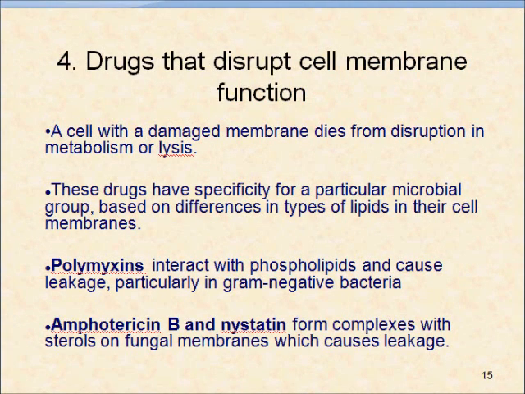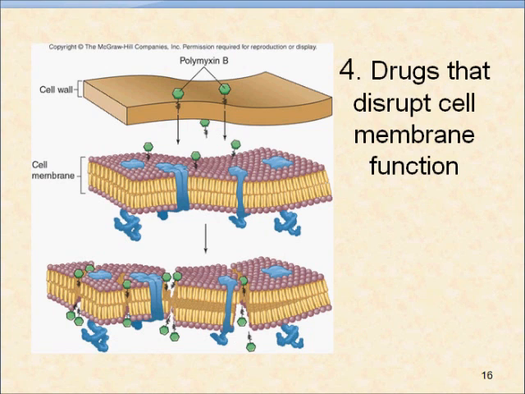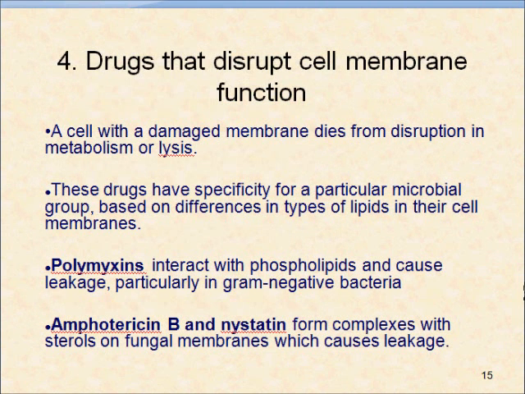There are drugs that disrupt cell membranes. There are drugs that disrupt cell membrane function. A cell with a damaged membrane dies from disruption in metabolism or lysis, just like we saw with the disruption of the cell wall. These drugs have a specificity for a particular microbial group based on differences in the type of lipids in their cell membranes.